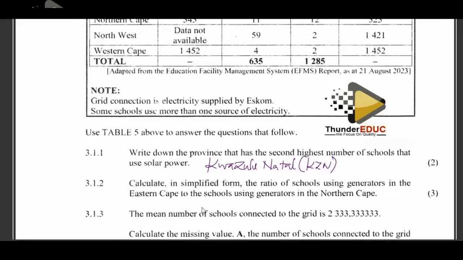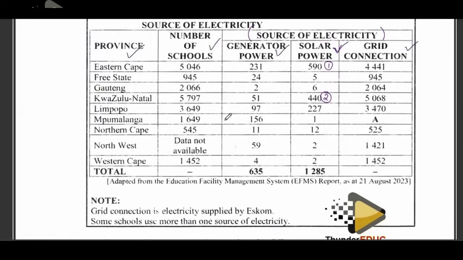Calculate in simplified form the ratio of schools using generators. Remember, we are looking at the ratios now. First and foremost, what you have to know about ratios, write down what they want you to do. So they're saying ratios of schools using generators in Eastern Cape to schools using generators in Northern Cape. So EC versus NC, under generators.